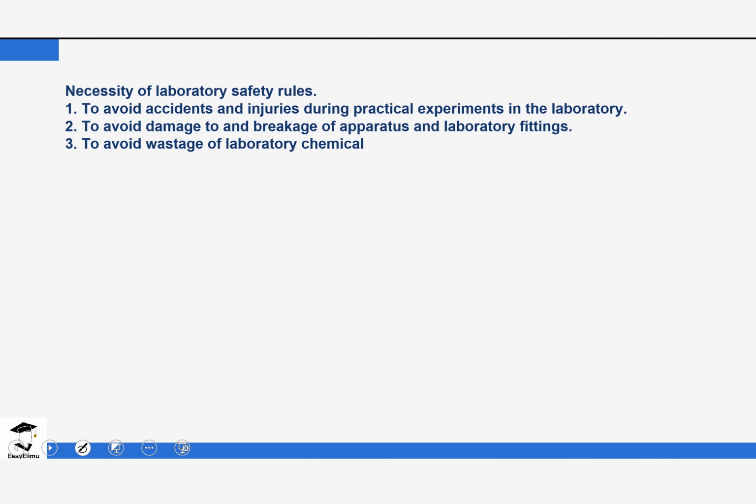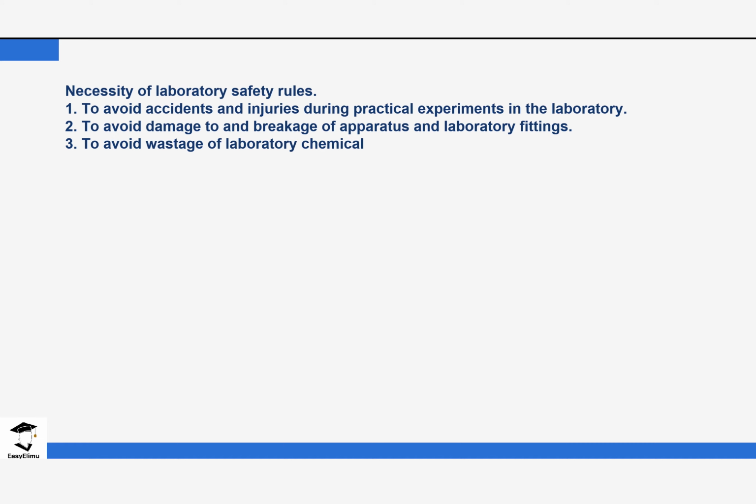So some of the things that we have to consider in chemistry are laboratory rules. The reason why we have laboratory rules is because the lab is one of the buildings where chemical experiments are usually made, and it is important for us to know the rules that are required for us to use that lab safely.